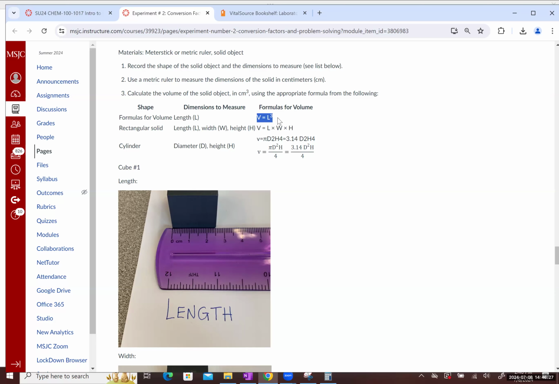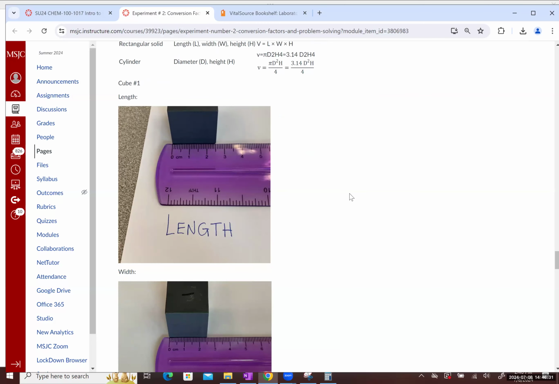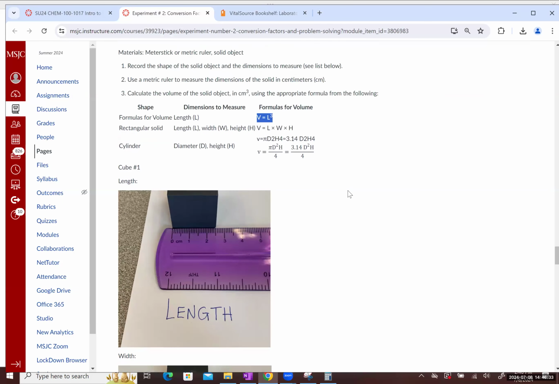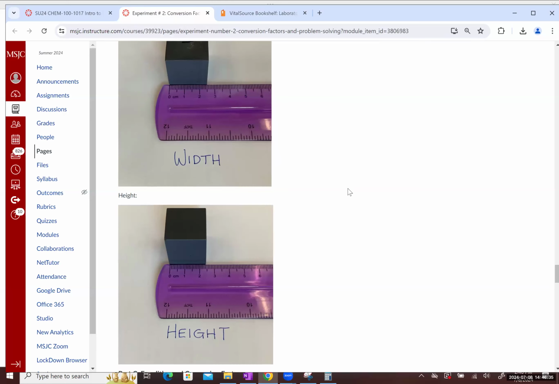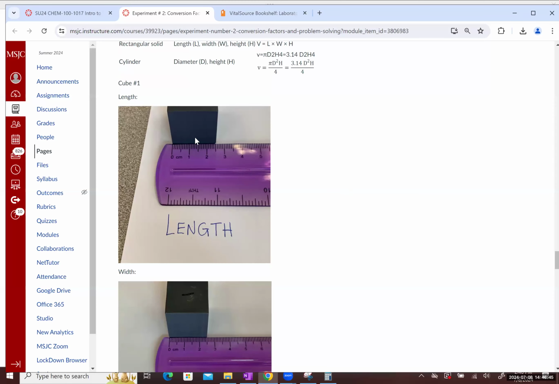So we can use the simple formula where the volume is the length cubed. It is sort of funny, given that we have a cube, that we report the length, width, and height, considering that they're all identical. But because it's a cube, we only really need to take one of these measurements, as the rest of them will be identical.